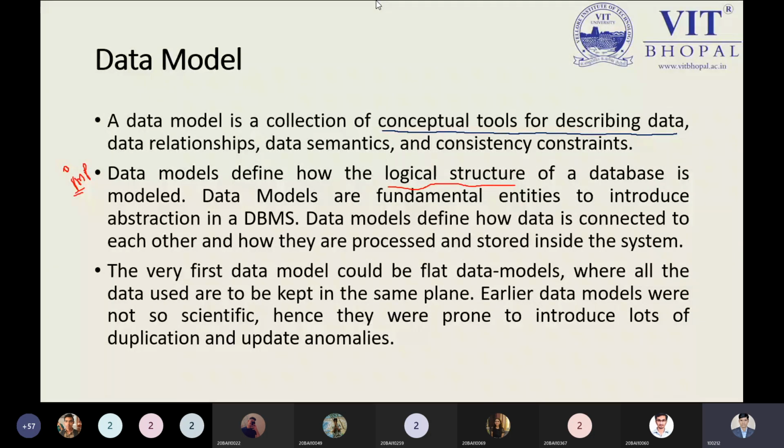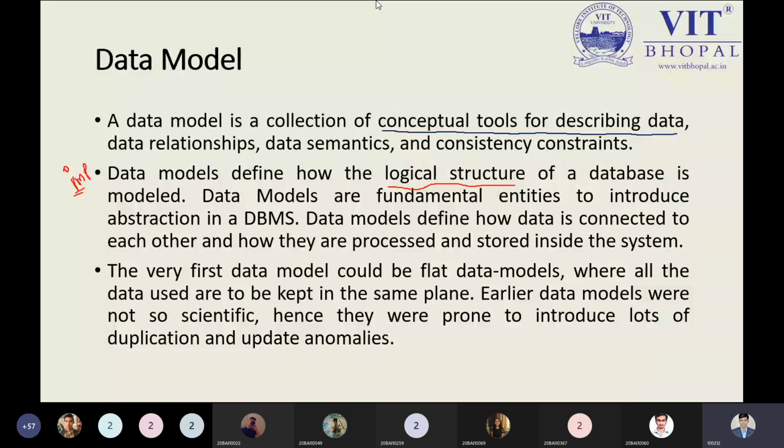So data models, I'm speaking once again, define how the logical structure of the database is modeled. Data models are fundamental entities to introduce abstraction in the database management system, and data models define how data is connected to each other. It is just like a story inspired by the flowchart. While studying the data structure subject, what do we do? Before writing anything, we design the algorithm.